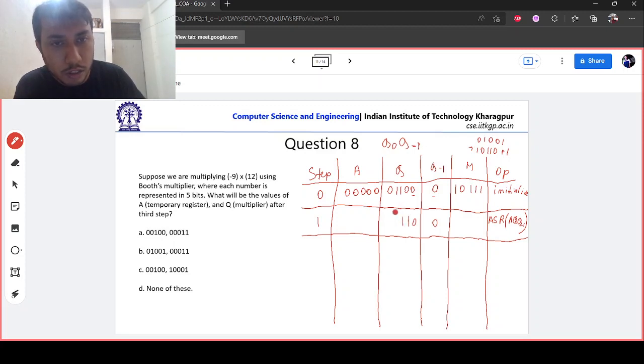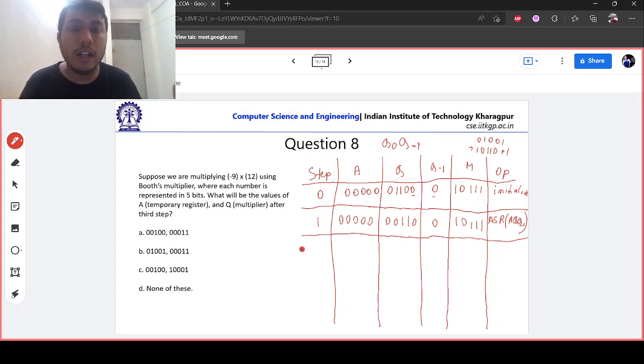This 0 will be shifted here, 0. And this 0 will get shifted here, 0. And all the 4 other zeros will be shifted. The last one, since it is an arithmetic shift, will be a 0. And the M will remain as it is. It will remain the same all throughout the computation.